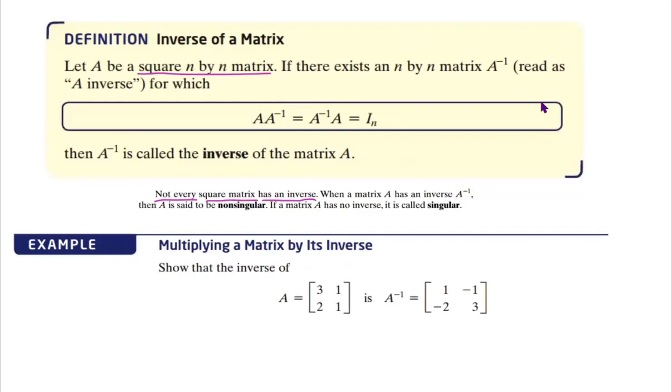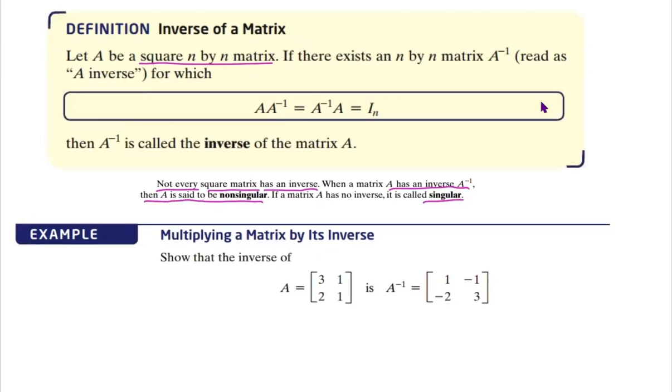And when the matrix has an inverse, A exponent -1, then A is said to be non-singular. And if it doesn't have an inverse, it's called a singular matrix. Does not have, that's when it's singular. When it has an inverse, it's called a non-singular matrix.